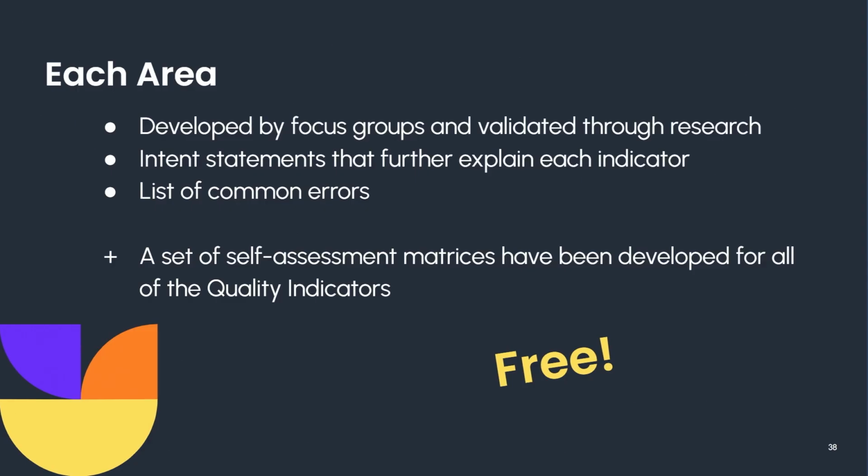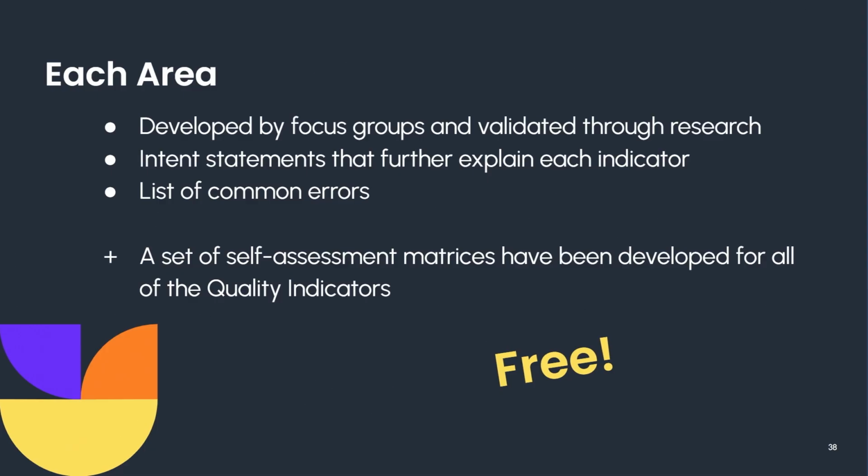Each of these areas was developed by different focus groups and then later validated through research. Each area has a variety of intent statements that further explain each indicator, and they additionally include a list of common errors that people make.